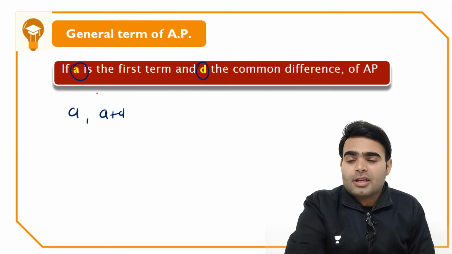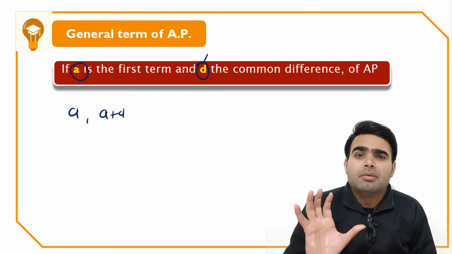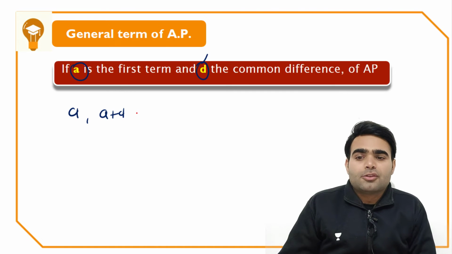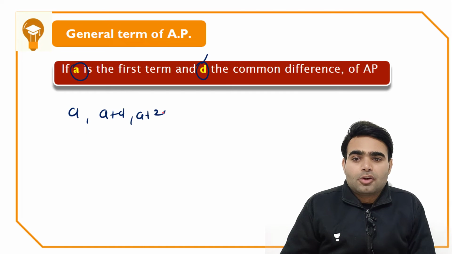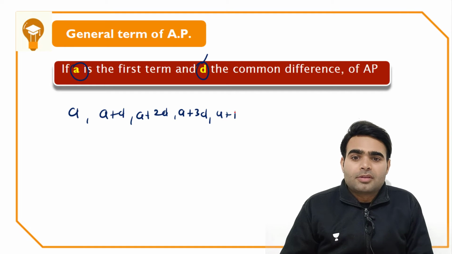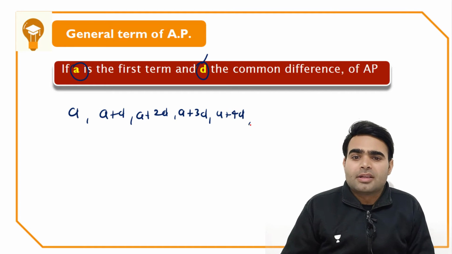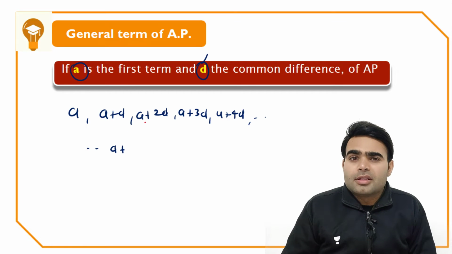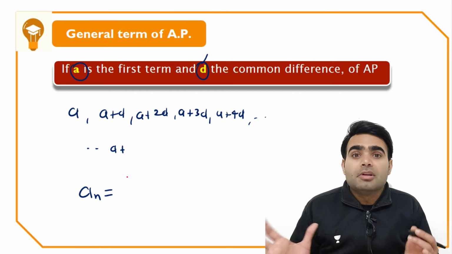Here you can see, if we take first term A and common difference D, then the AP will be A, A plus D, A plus 2D, A plus 3D, A plus 4D. We can keep writing like that. So if you talk about the nth term, that is the general term, what will happen?